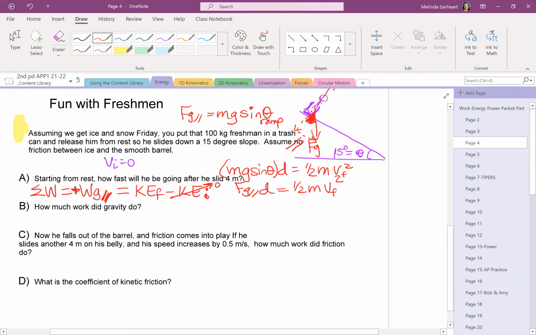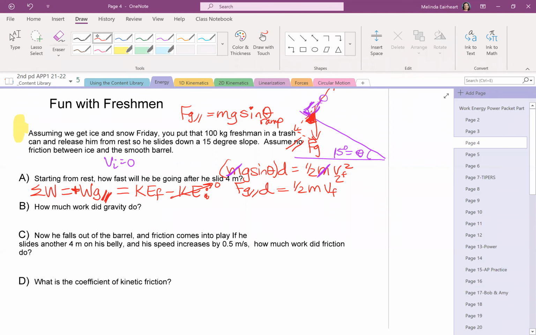What do you notice about mass? It actually will cancel here, okay? We're not solving for work, we're not solving for energy. Now they did give it to us. We know it's 100 kilograms, so keep it if it makes you feel better. But if you take everything to the simplest terms for what you're solving for, you'll notice mass cancels.